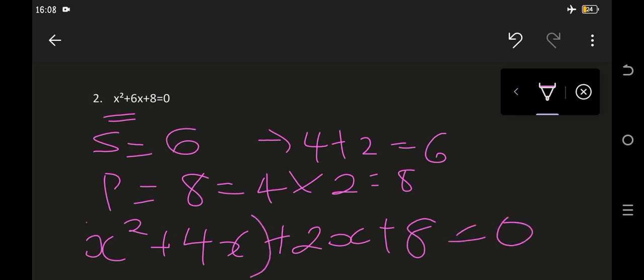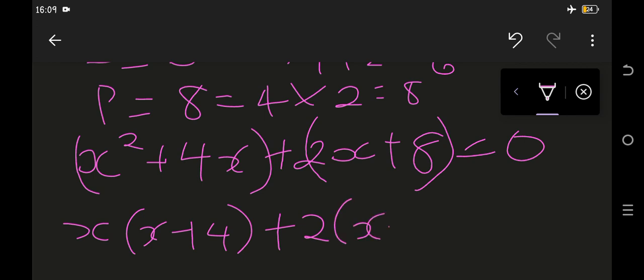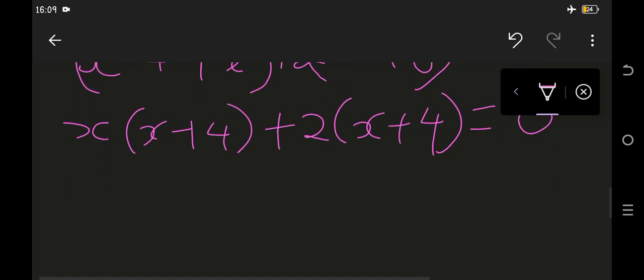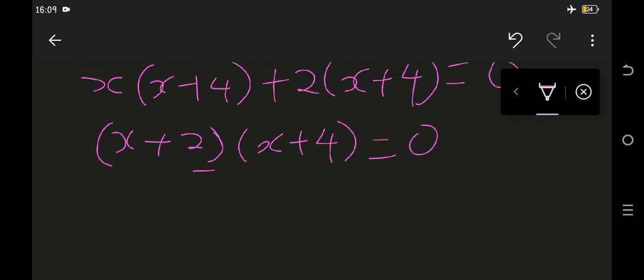Now let us proceed to factorize. We will have x into x plus 4 plus 2 into x plus 4 is equal to 0. This means that we will have x plus 2 and x plus 4 is equal to 0. Now let us find the values of x.